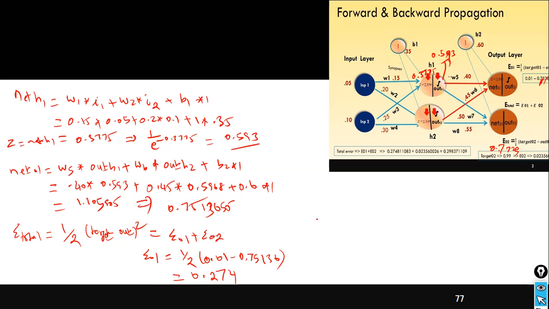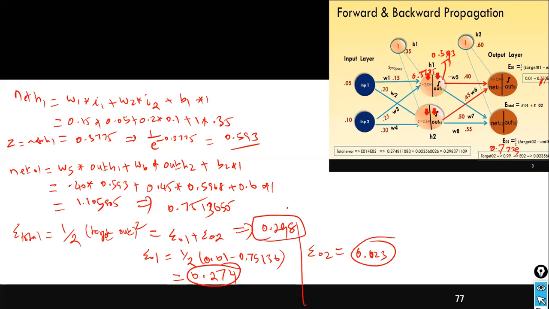Okay, and similarly E02, if I compute it, let's do the same thing, right? 0.023, this is the error we are getting. Now the objective here is, when you add these two errors, E1 plus E2, together we get some total error 0.298.